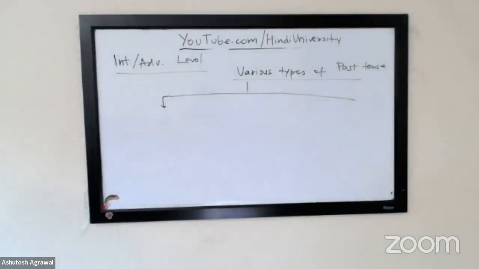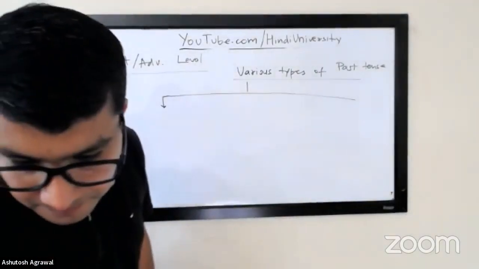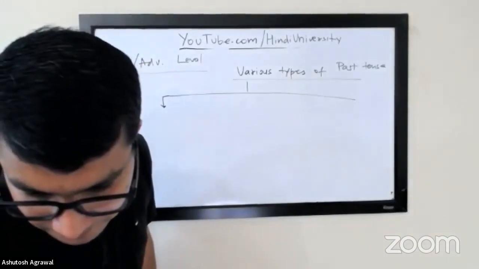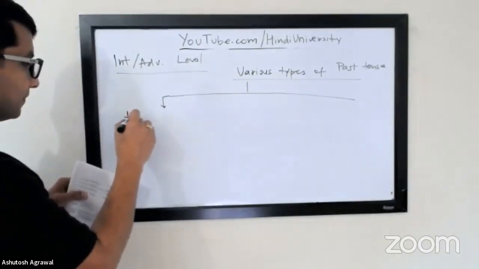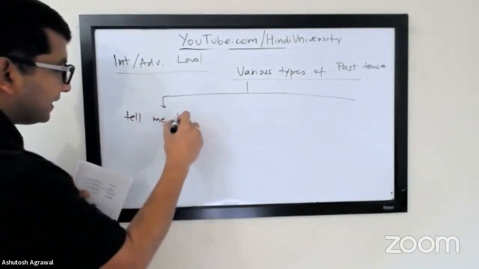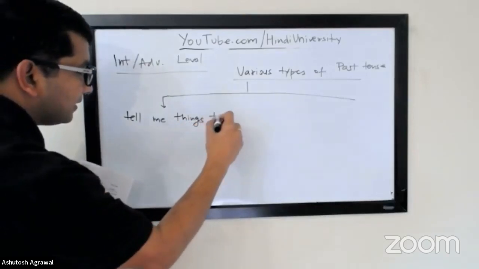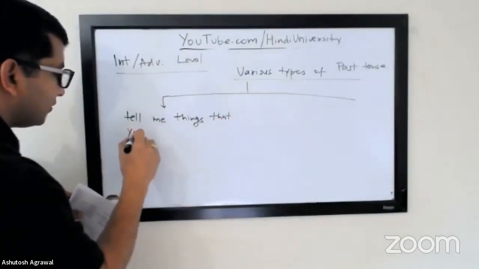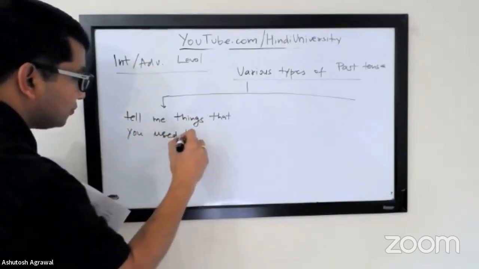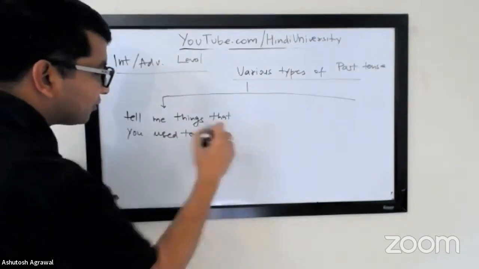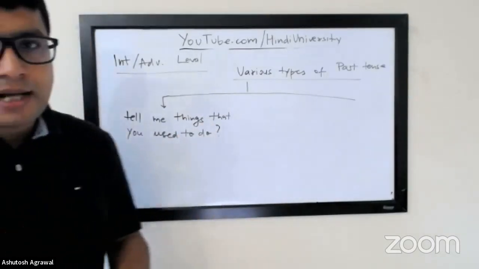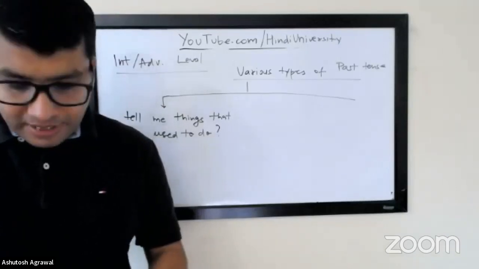My question to you is: tell me about the things that you used to do in your childhood. I'm not going to write it, but how would you answer that in your language?